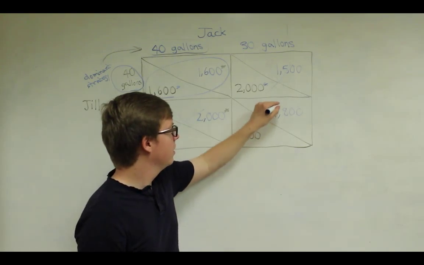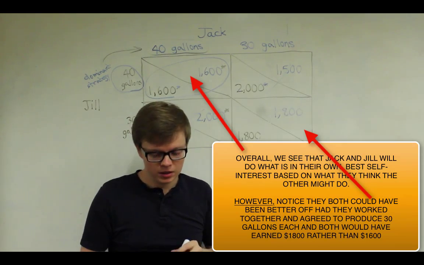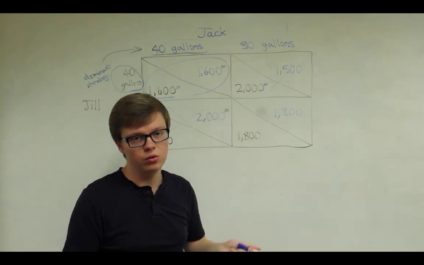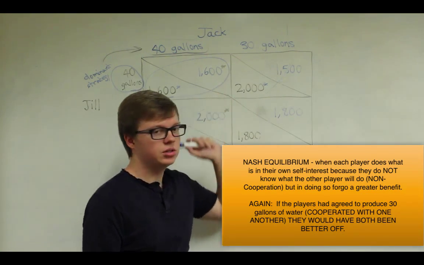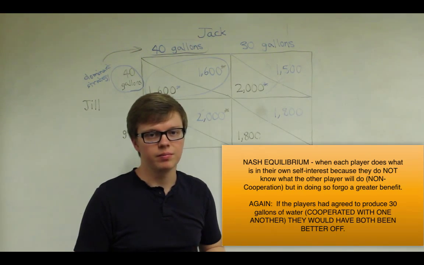This is the only Nash equilibrium. You can have a game like this one with two Nash equilibria, but in this case we just have one, and that's because each player has one dominant strategy.